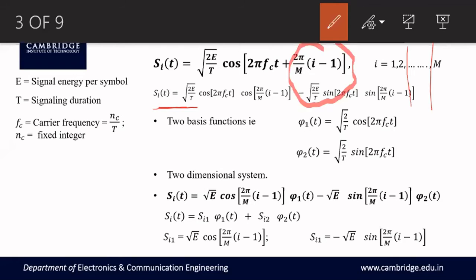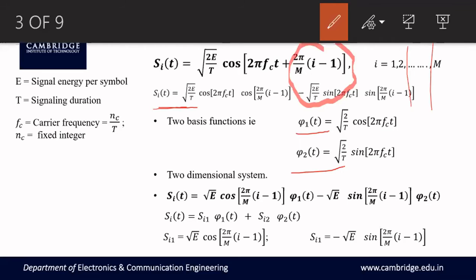So this cos 2 pi fct and sin 2 pi fct show that two different basis functions are possible here. I've given here phi 1 and phi 2: root 2 by T cos 2 pi fct, and root 2 by T sin 2 pi fct. Taking these two equations as basis functions, we can declare M-ary PSK as a two-dimensional system.